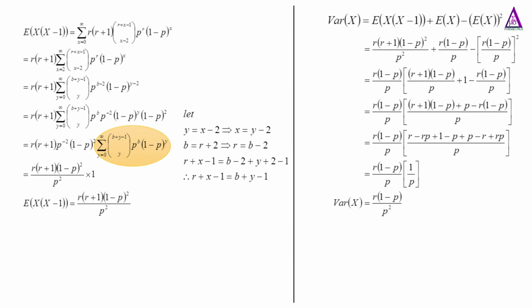So by opening all the brackets up, we have this equation. And by the calculation, we have into the bracket 1 over p. By multiplying this together, we see that our variance of the negative binomial distribution is now equal to r into bracket 1 minus p divided by p square.